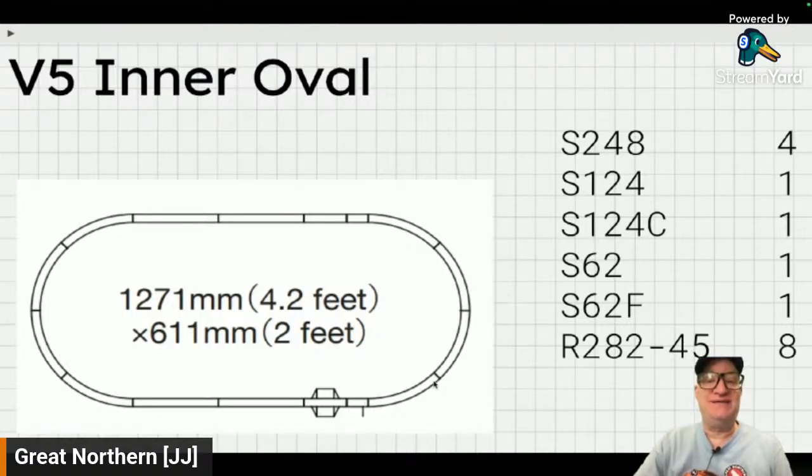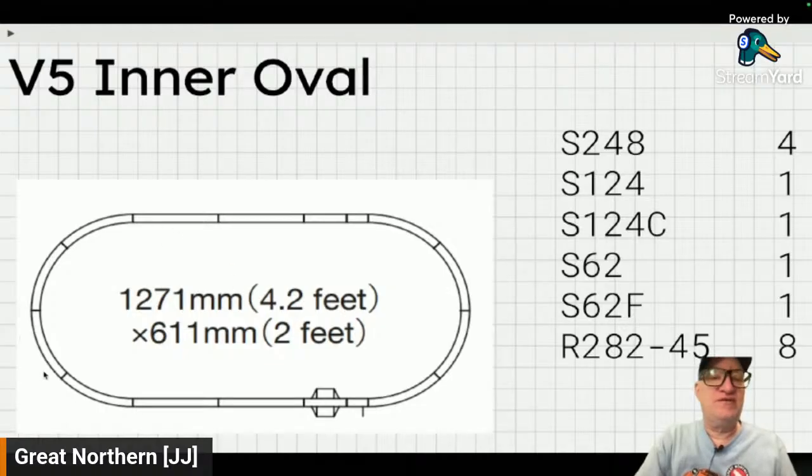But this is not the smallest radius that you can get. There's some other, much tighter radius, but it's meant for trams. So it's inner city kind of stuff. You can get much tighter sets, and I'm not going to go over that in this set.